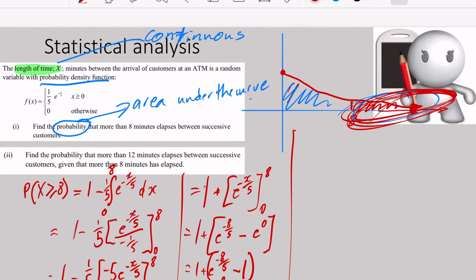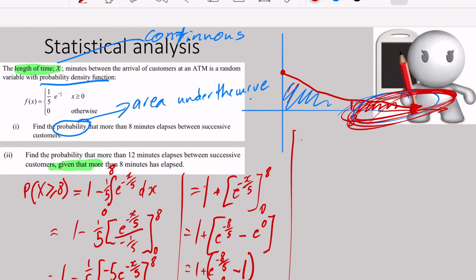Now, when we read our next question, we have: what's the probability that more than 12 minutes elapsed between successive times, given that... See this 'given that'? That's conditional probability.